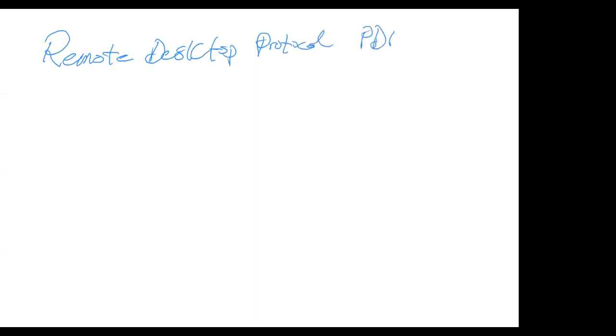Then it makes sense to ask what the secure protocols are. One of these protocols is the remote desktop protocol. Unfortunately, it's not updated in the CCSP. This protocol, gentlemen, is not secure.